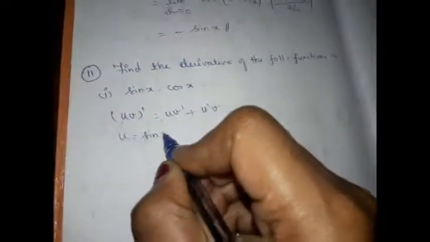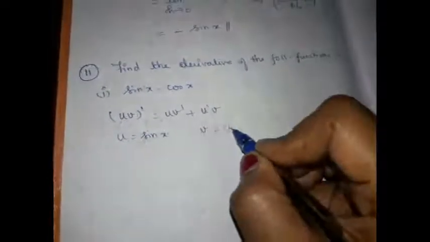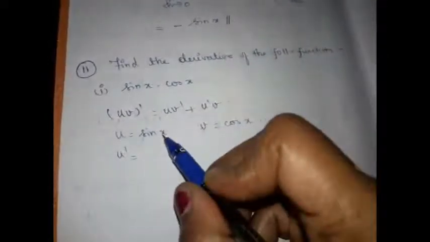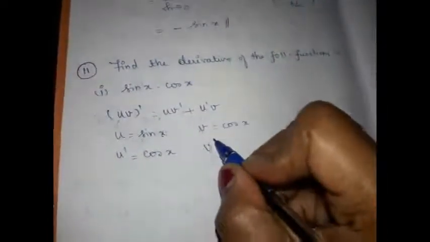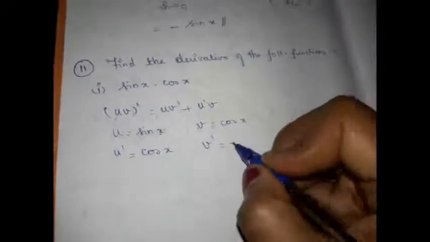Now we are going to take u as sin x and v as cos x. We have seen what is the differentiation of sin x. We have obtained already, which is cos x. So if we differentiate sin x, it is going to be cos x. Similarly, if we differentiate cos x, it is going to be minus sin x, right?